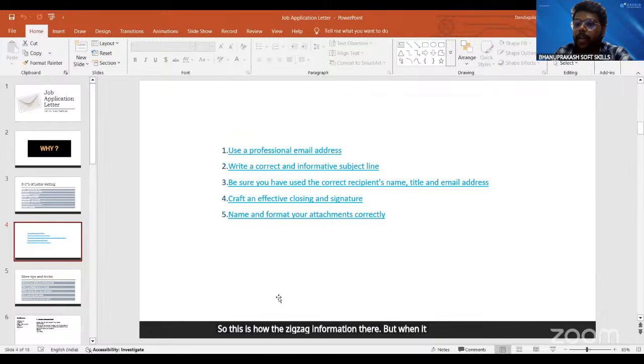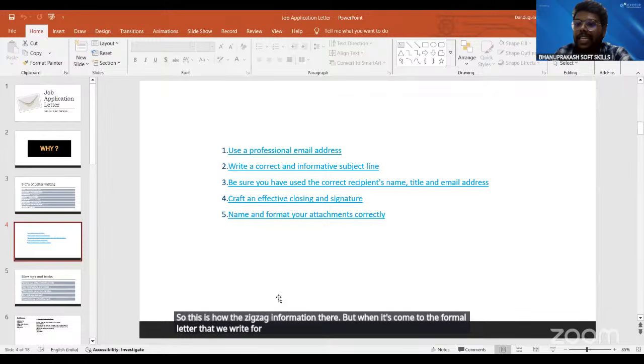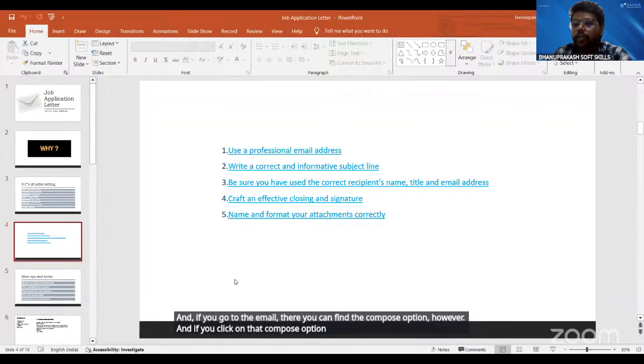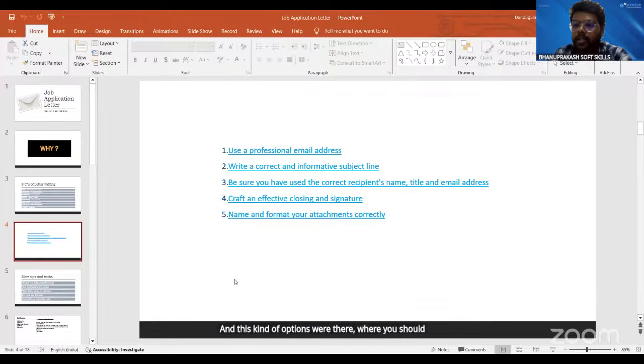But when it comes to the formal letter that we write for officials, everything is on the left side only. From, to, subject line, address, and everything we mention on the left side only. And the same rule applies here in the email also, as everything should be on the left side. If you go to the email, there you can find the compose option. If you click on that compose option, you will find things like the subject line at first, and then carbon copy, which is CC, BCC, and these kinds of options, where you should mention to whom you are sending.